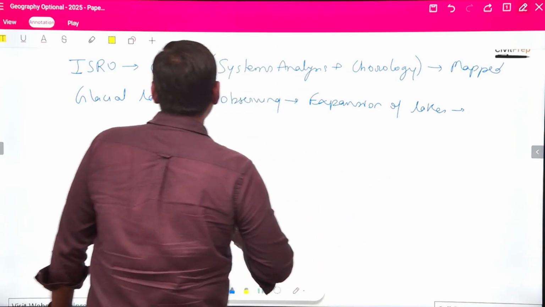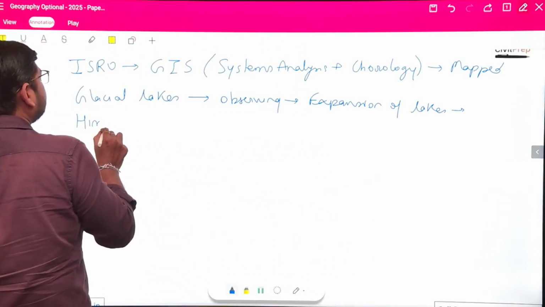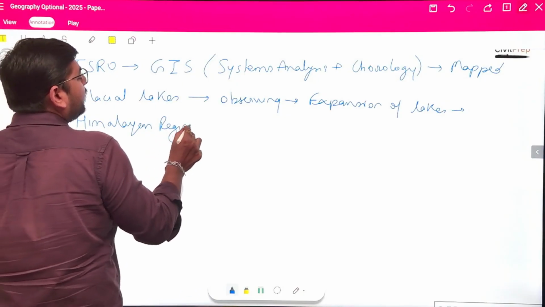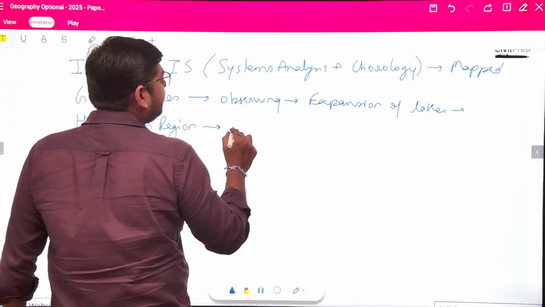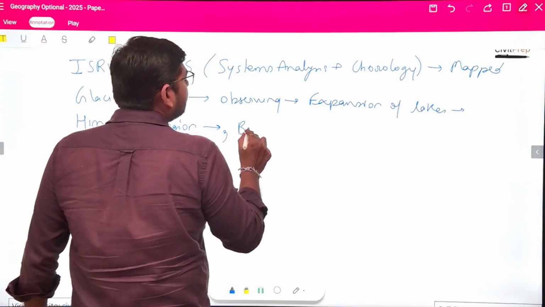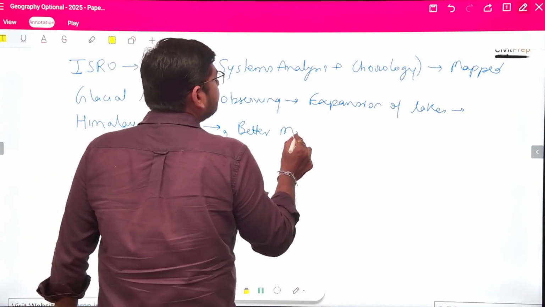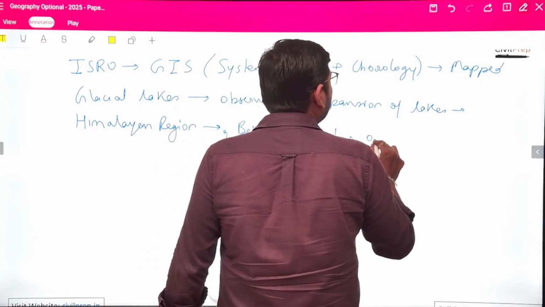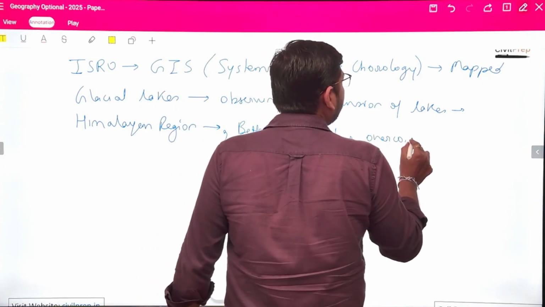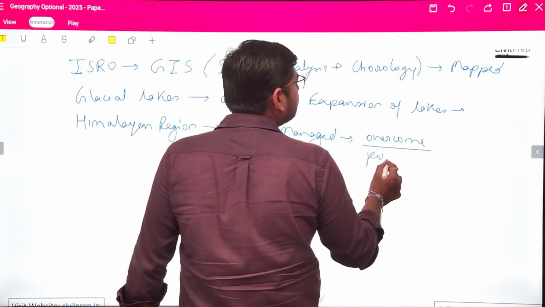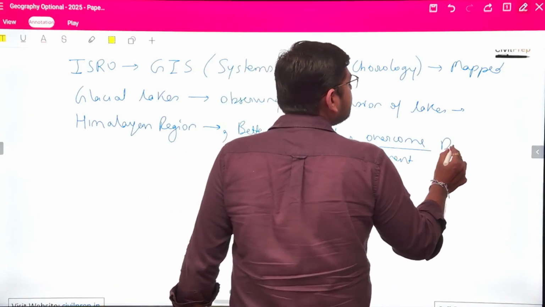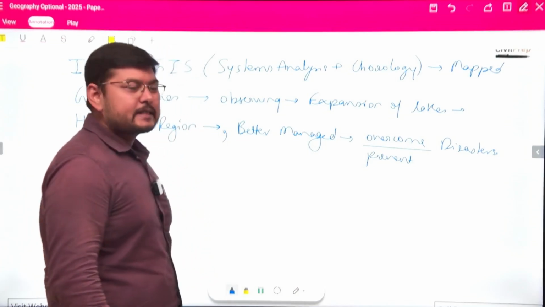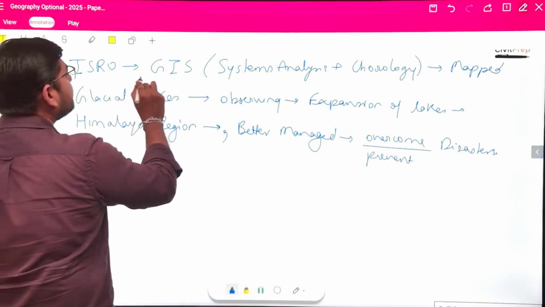This is done in the Himalayan region so that these lakes can be better managed to overcome, or we can also write prevent, disasters in the region.